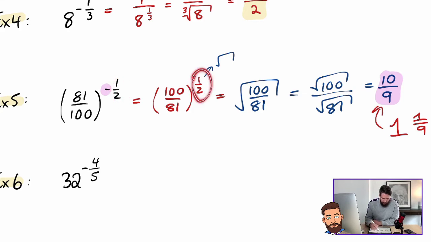We know that a half means a square root, and it means that we can do the square root of that, which can be broken down into 2 square roots, which would give you the answer of 10 over 9. So as you can see, it does develop and become quite involved.